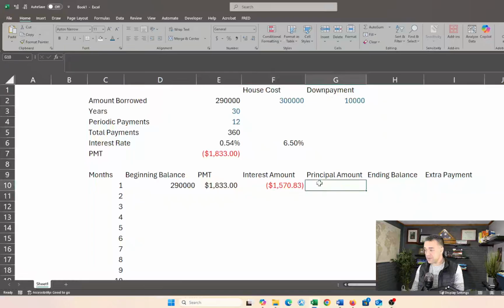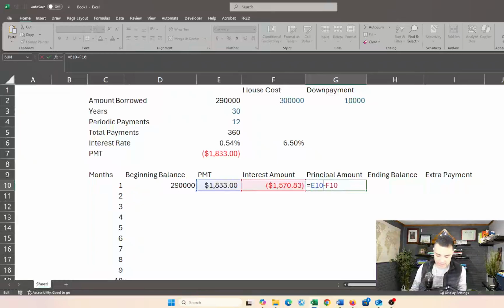So that's the interest. Principal. Now, principal has the same function, PPMT. You could do that. But I'm going to show you another way to calculate principal, which is if you made a $1,833 payment, you subtract out the interest. That means the remaining of that payment. I make that mistake sometimes since the interest amount is negative.